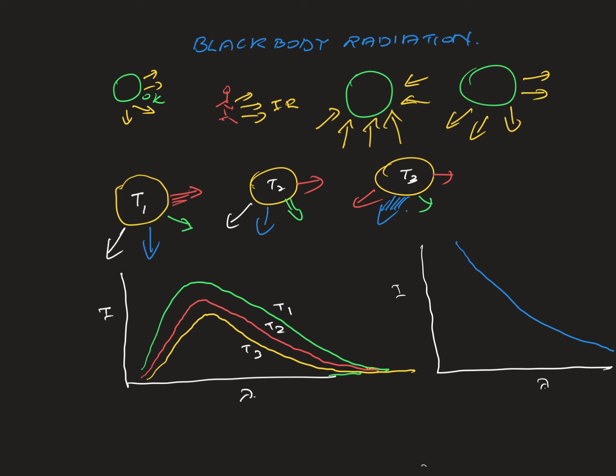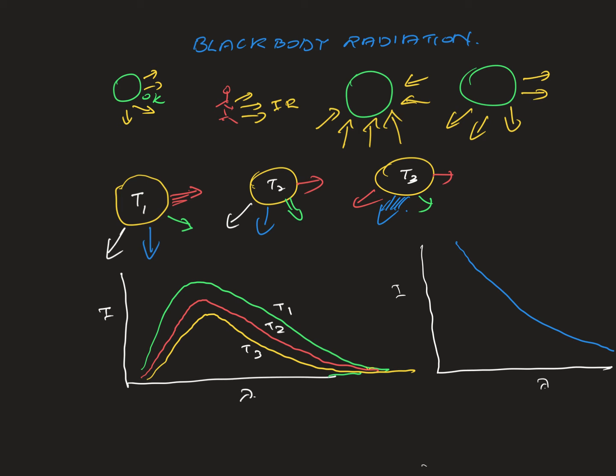So there are two problems with the classical theory. One is that it keeps going up. It's not coming down like the experimental curve. And also in the classical theory, any object will radiate waves at all frequencies. That means an object at 1000 K will radiate X-rays, which doesn't happen, right? It doesn't radiate gamma rays.